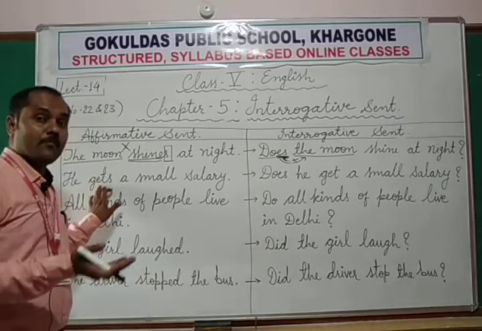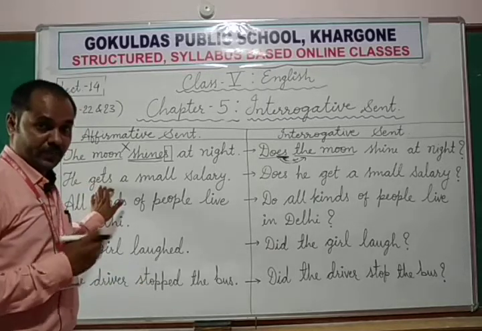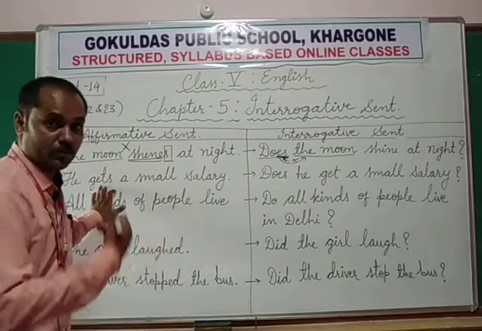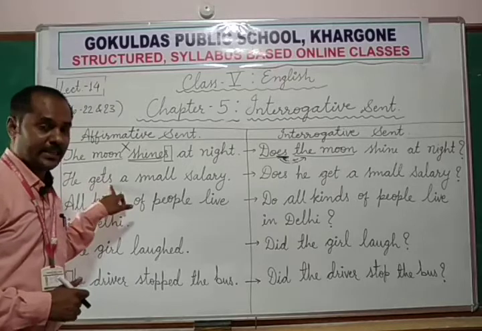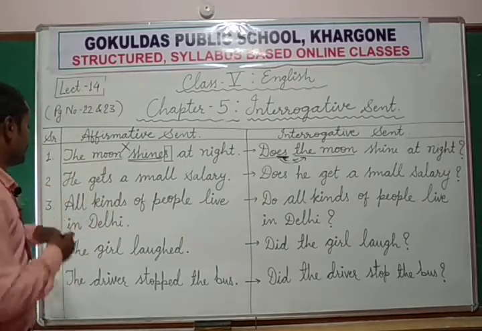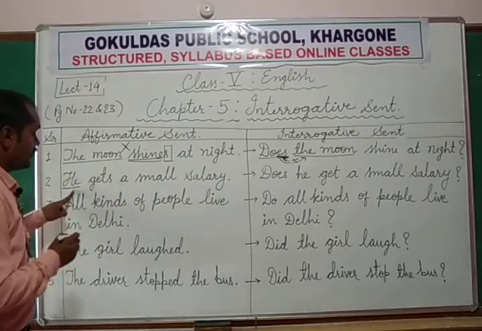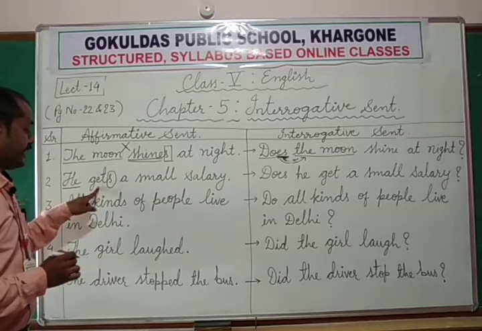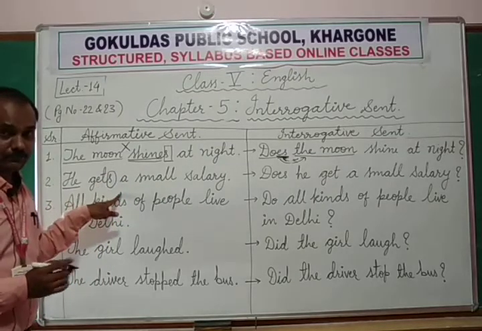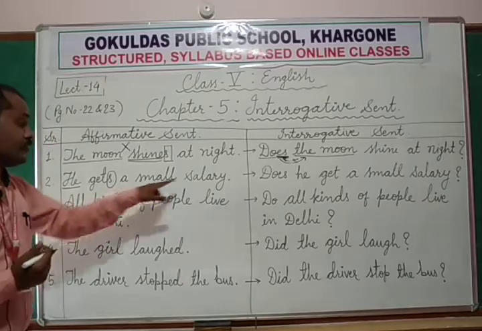Get is the main verb. Get, लेता है, प्राप्त होती है. He get, then s is added. I told you that when the subject is singular, the main verb contains s. Get becomes gets, लेता है, a small salary.